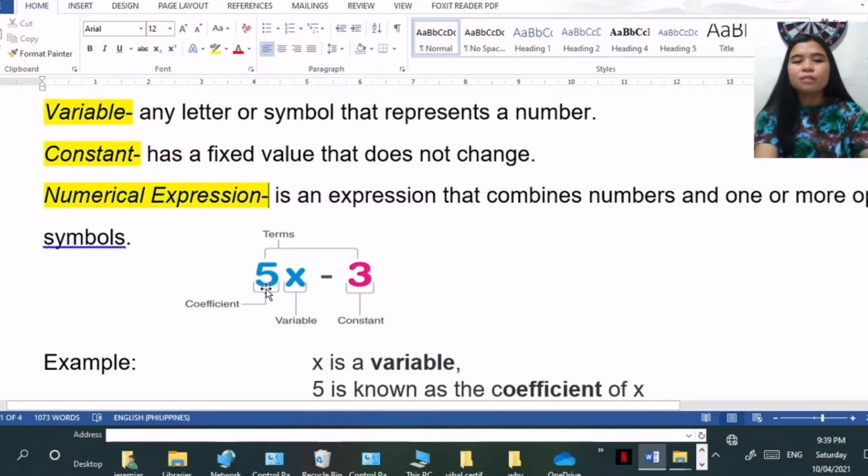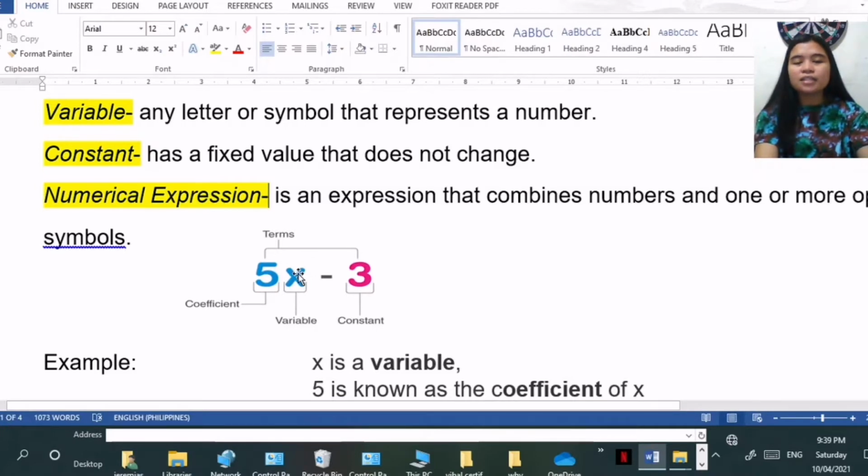The 5 is a coefficient. Actually, the x is also a coefficient. The 5 is the numerical coefficient. The x is the literal coefficient. All variables, all letters, are considered literal coefficients. So 5x and 3 are considered terms.